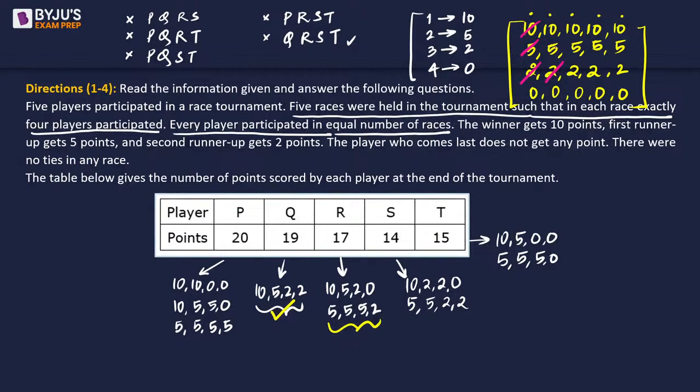So 1 5 and 1 2 is a definite thing out of here. इधर में तो पूरा 10 5 2 2 definite है. So if we have 1 5 and 1 2 taken, we are left with 3 5s. If we are left with 3 5s, मतलब ये 4 5 वाला केस नहीं बन सकता, क्योंकि उतने 5s बचे ही नहीं है, right? So 1 5 and 1 2 is definitely going to come out of R.